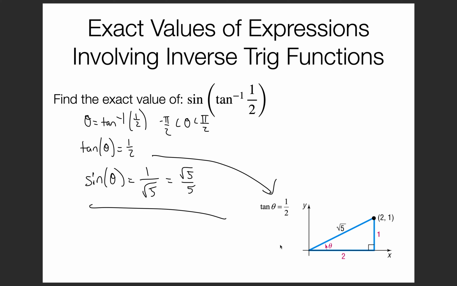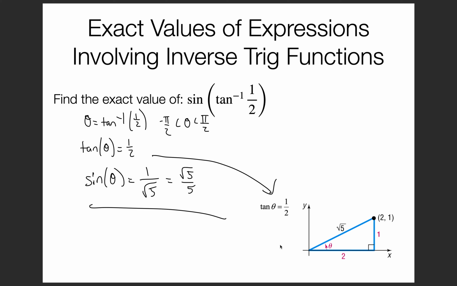We don't really know what the angle is, but it turns out that the angle theta is not really important. When we set theta equal to inverse tangent in the first step, what we really simplified the actual expression to was sine of theta.